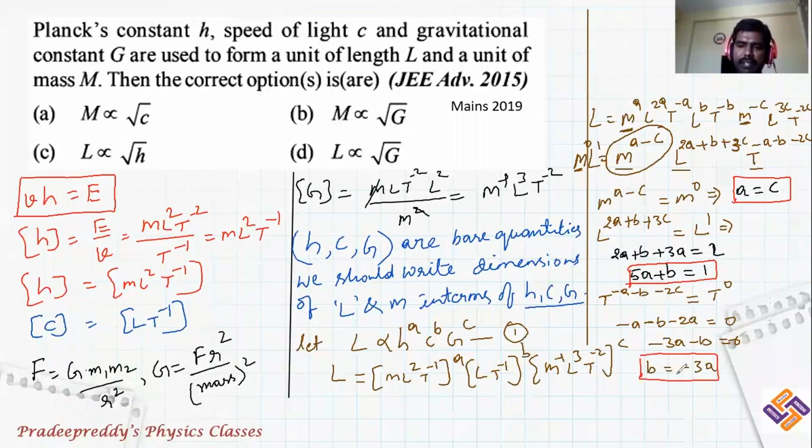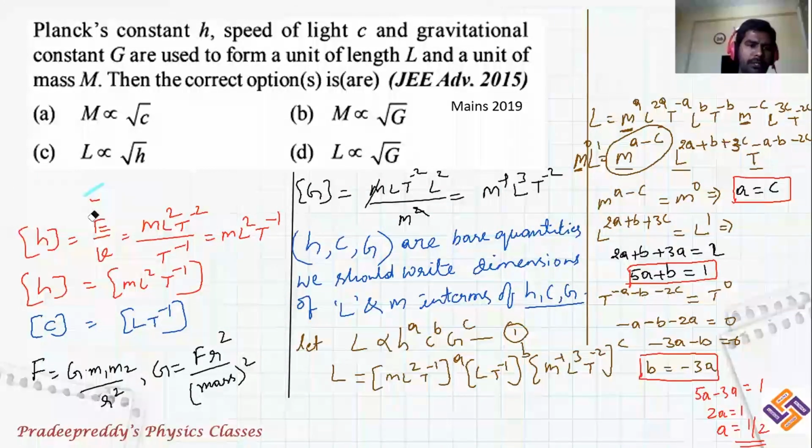Now using these three, we can find the values. Substituting B is equal to minus 3A here, we can write 5A minus 3A is equal to 1. 5A minus 3A is 2A, so 2A is equal to 1. So A will be equal to 1 by 2. A value we have got.